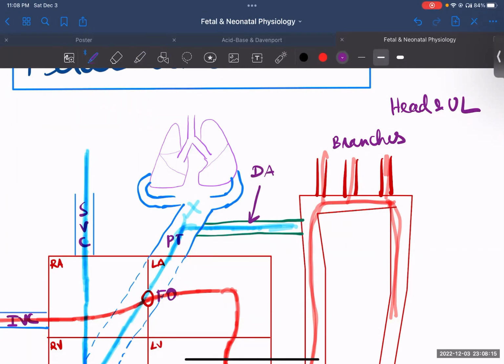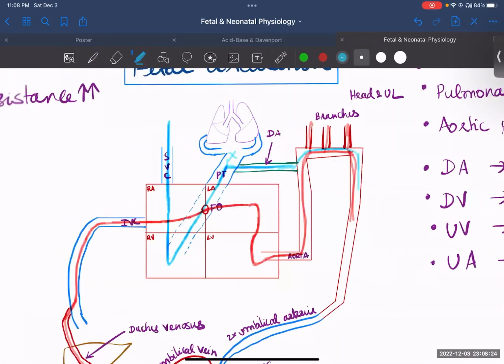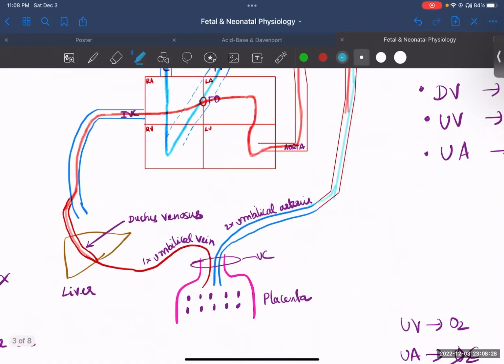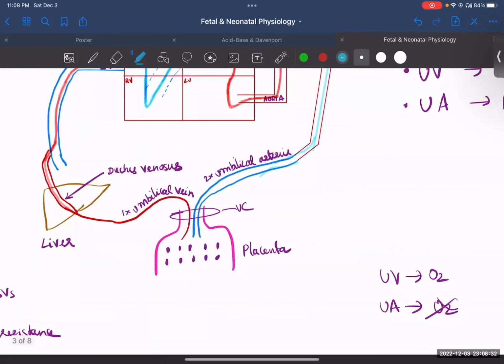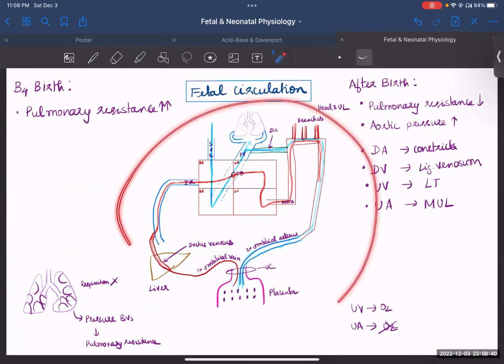Now, this deoxygenated blood is going to enter the aorta through the ductus arteriosus and travel all the way down through the aorta, and it is going to go through the two umbilical arteries. Remember, umbilical arteries carry deoxygenated blood, and it is going to come back to the placenta to get oxygenated again. So this right here is the fetal circulation.